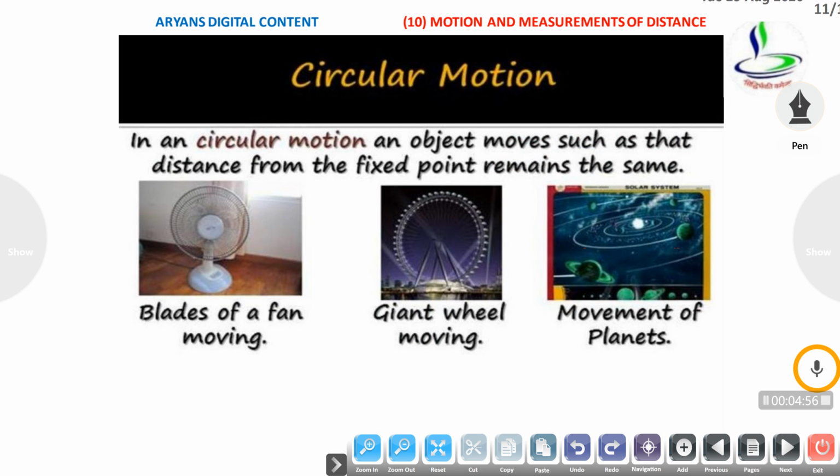Next one is circular motion. What is this circular motion? In circular motion, an object moves such that the distance from a fixed point remains the same. What does it mean? It means this is a fixed point, and the distance from this point remains the same.